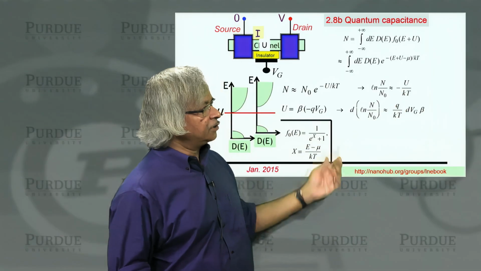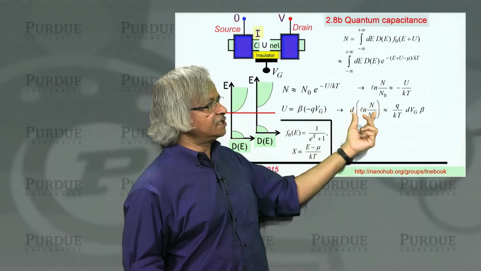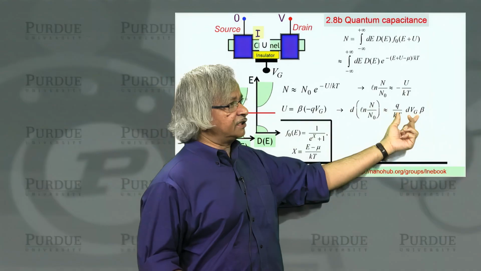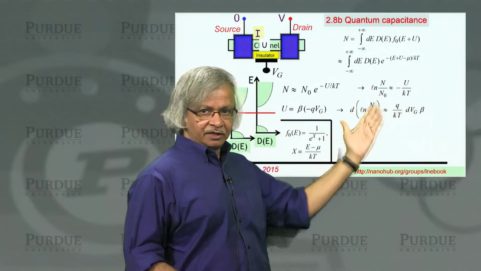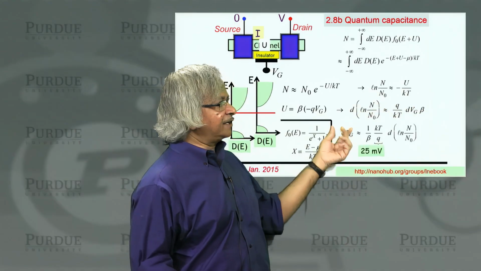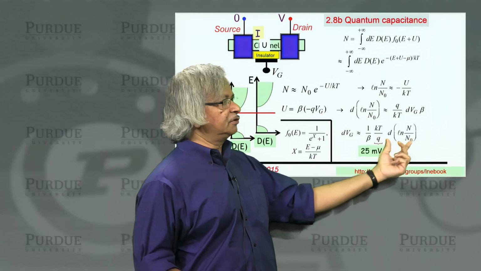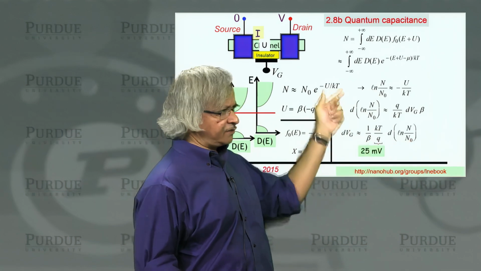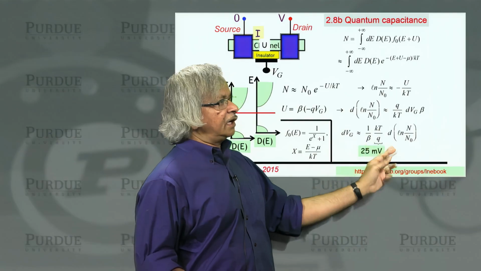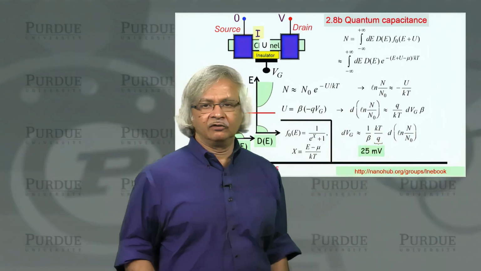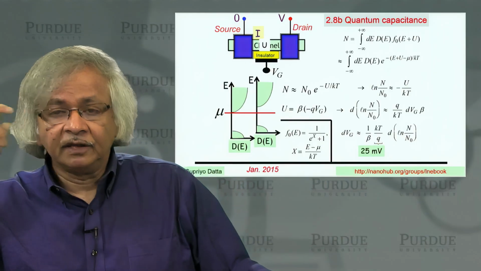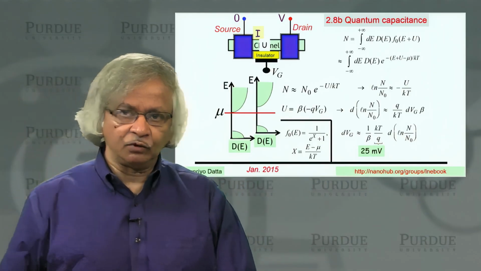So next what we can do is express the change in this electron density in terms of the change in Vg. I guess we can turn it around and write dVg as equal to this times this factor in front. So this is straightforward algebra. Now you see here you have this kT over q. kT is 25 millielectron volts. kT over q is 25 millivolts.